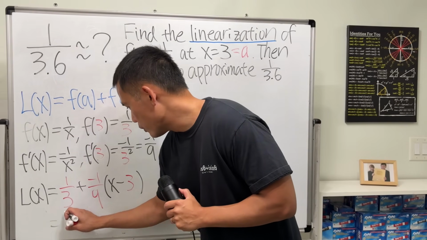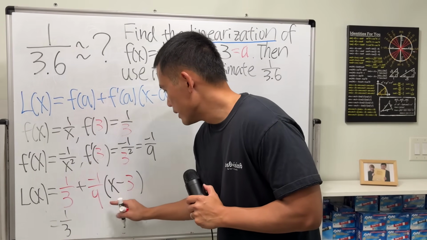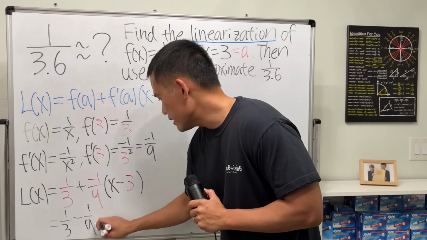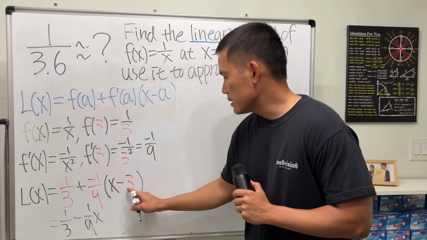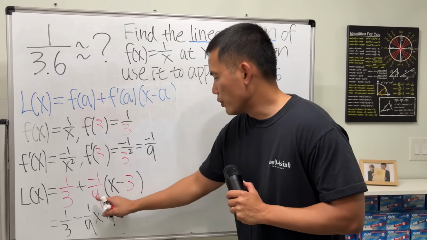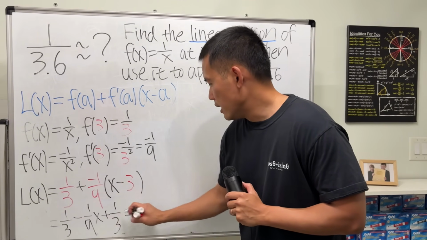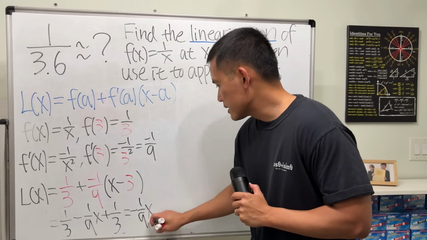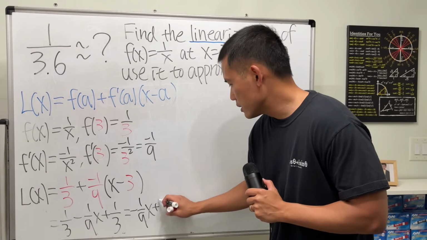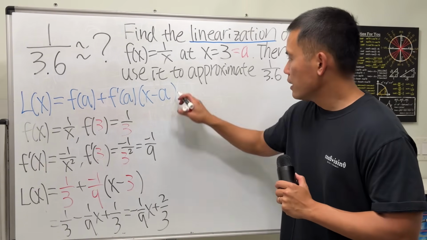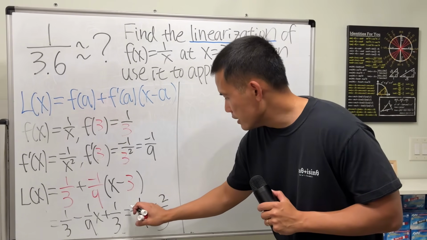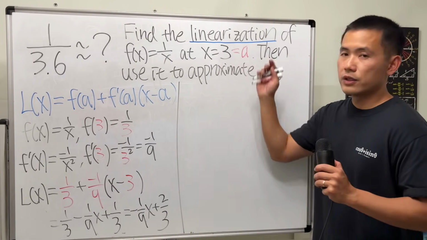So we will have 1 over 3, that is negative 1 over 9 times x. And then negative times negative, we have positive. 3 over 9 is the same as 1/3. And let's just rewrite this as negative 1 over 9 x plus 2/3. Okay, so this right here is our linearization for the first part.